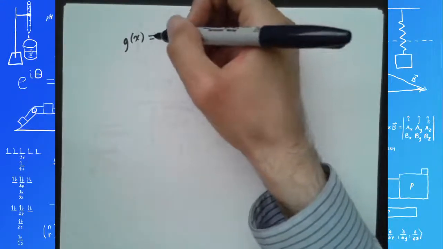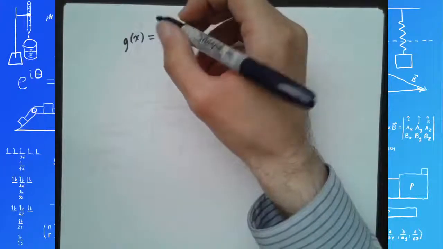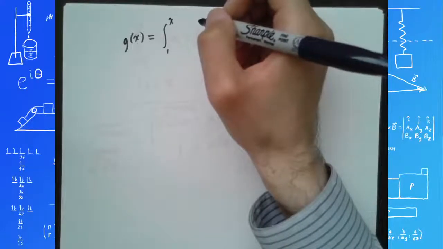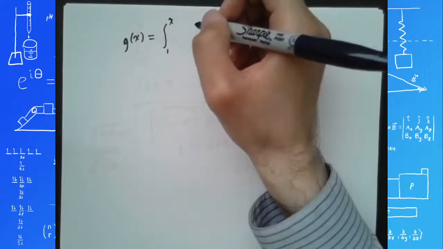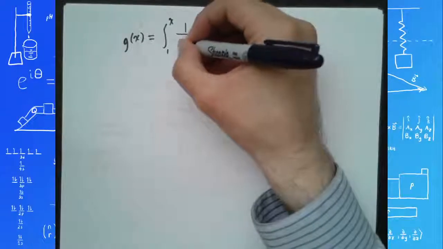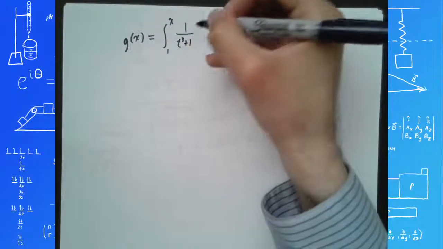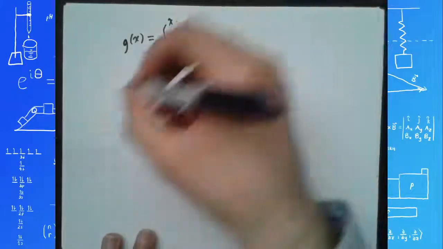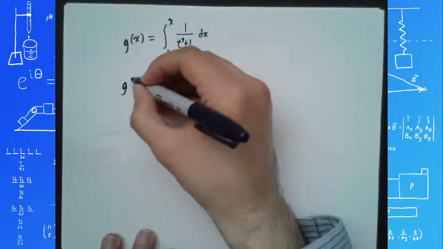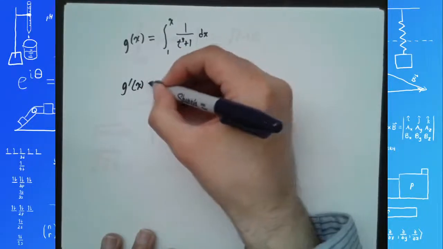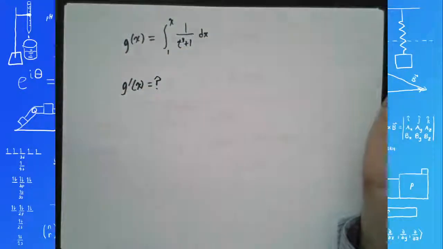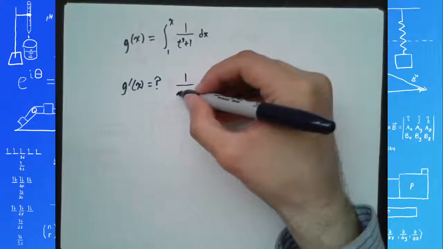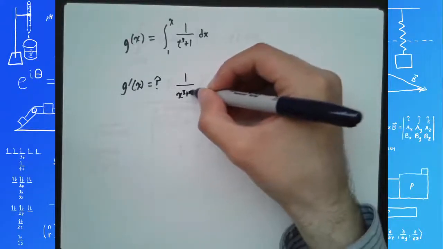If we're given g of x equals the integral from 1 to x of 1 over t cubed plus 1 dt, and you're asked to find g prime of x, this one would just give you 1 over x cubed plus 1.